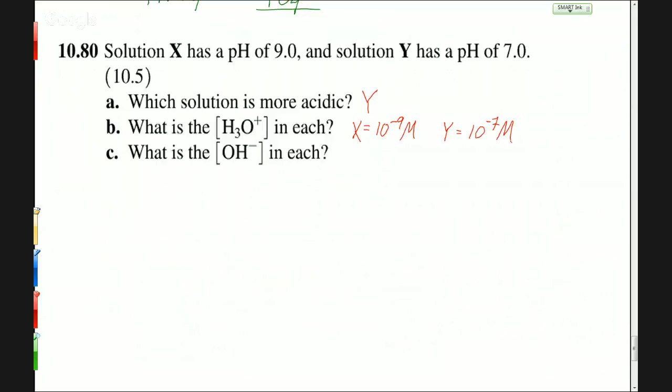Then the hydroxide ion concentration is when we subtract from 14. So the hydroxide ion concentration in X is 10 to the minus 5 molar, and in Y it is 10 to the minus 7 molar.